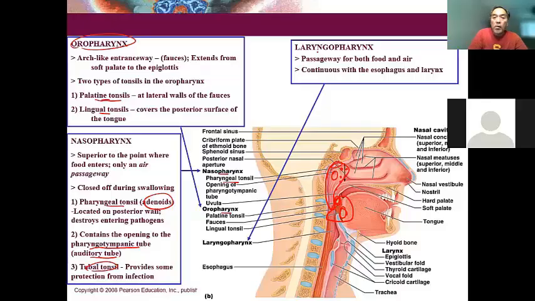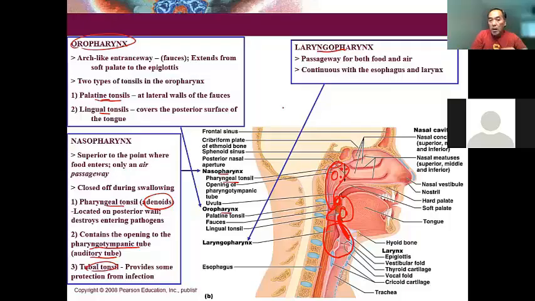Now, the last pharynx is called the laryngopharynx, between the larynx and the oral cavity. Nothing much is seen here, but you can actually see this structure called the epiglottis. It's curved upward because whenever the food goes into the oral cavity, it's going to push the epiglottis and cover the open respiratory tract, and then the food goes to the esophagus.